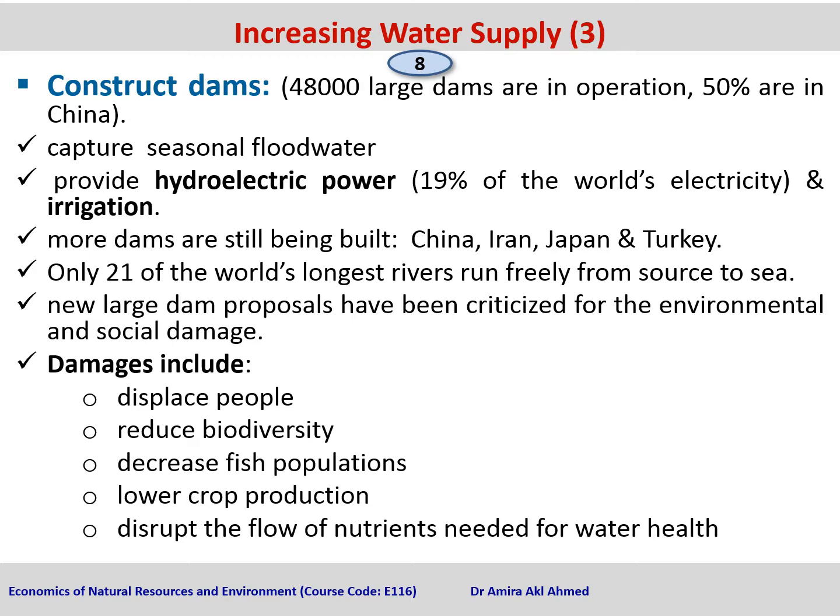The world's large dams have wiped out species, flooded huge areas of wetland, forest, and farmland, and displaced many millions of people. Dams reduce biodiversity, decrease fish populations, and lower crop production.